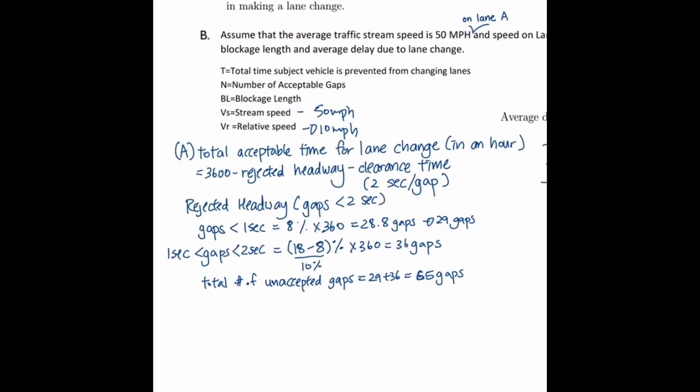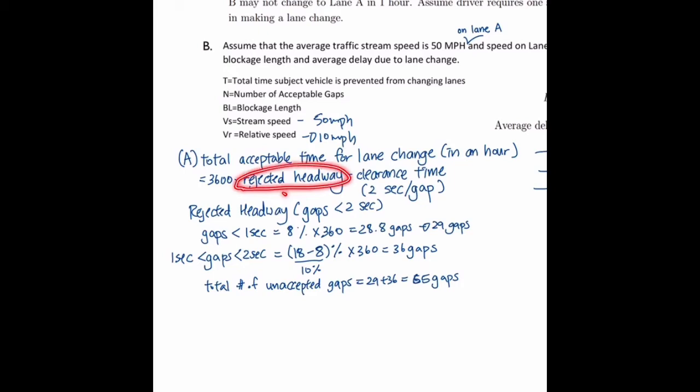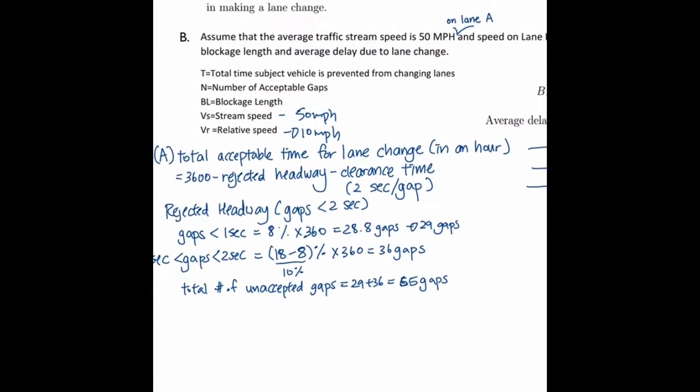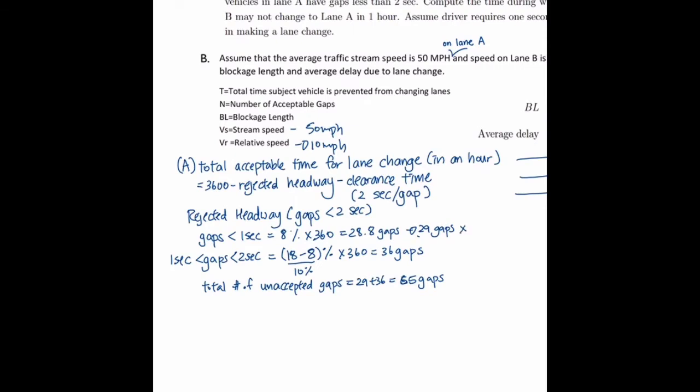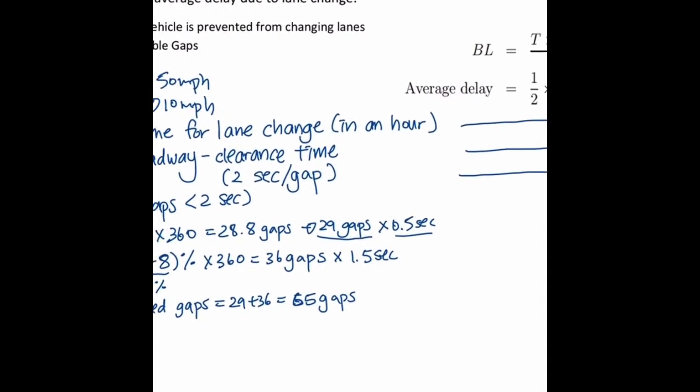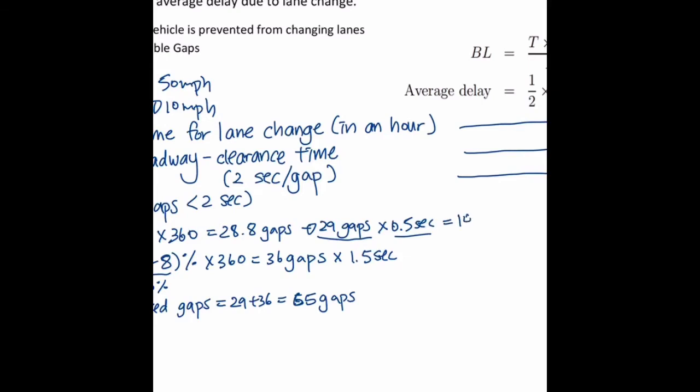However, we want to convert this into seconds, because we have to calculate the total acceptable time, and headway is in seconds. So I'm going to take these 29 gaps times 0.5 second, because this is the average between 0 to 1 second, and the 36 gaps times 1.5 seconds. This is 14.5 seconds, and this is 54 seconds.